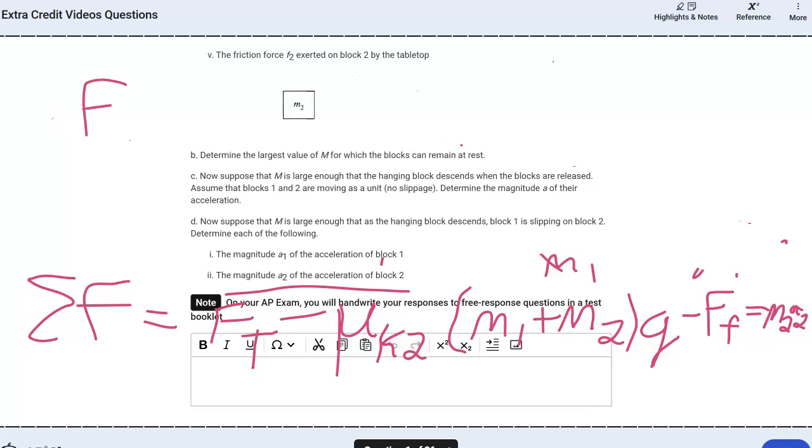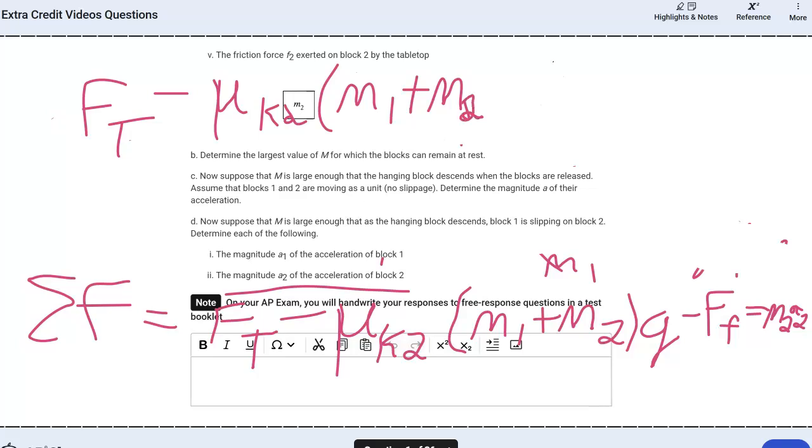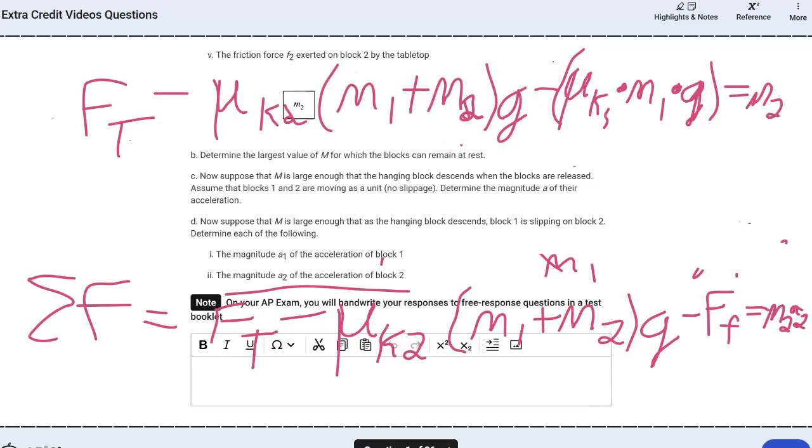So force of tension minus mu K2 times, minus mu K1 times M1 times G, equals M2 A2.